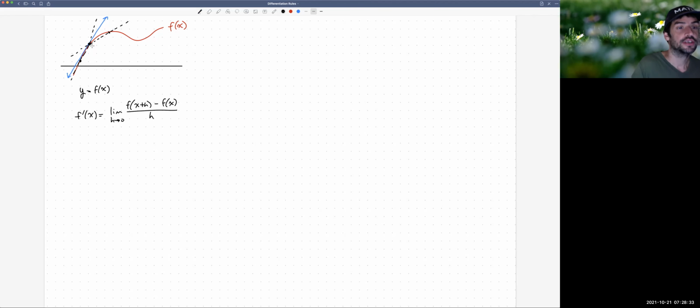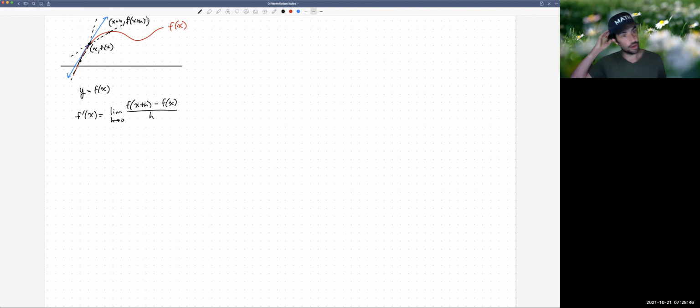We can think of this point here as x, f of x, and any of these approximating points as being the points x plus h, f of x plus h. And so this limit is our algebraic way of writing down this geometric concept of sliding those points closer together, so that h going to 0 is that difference becoming negligible, and we see what the tangent line slope is.